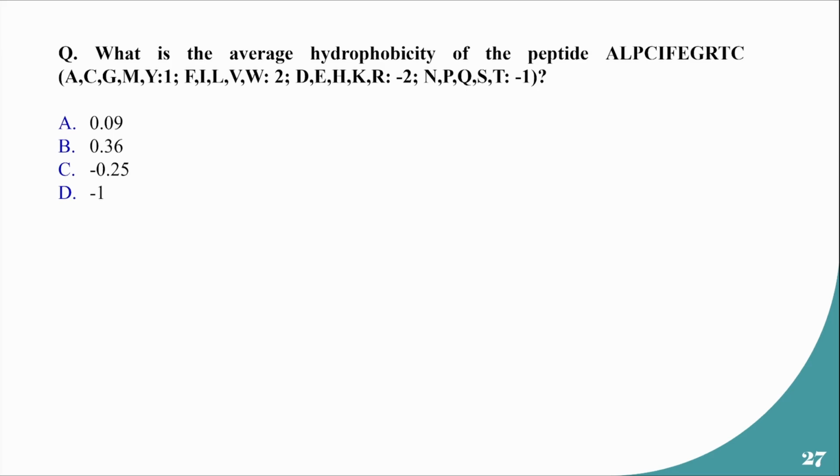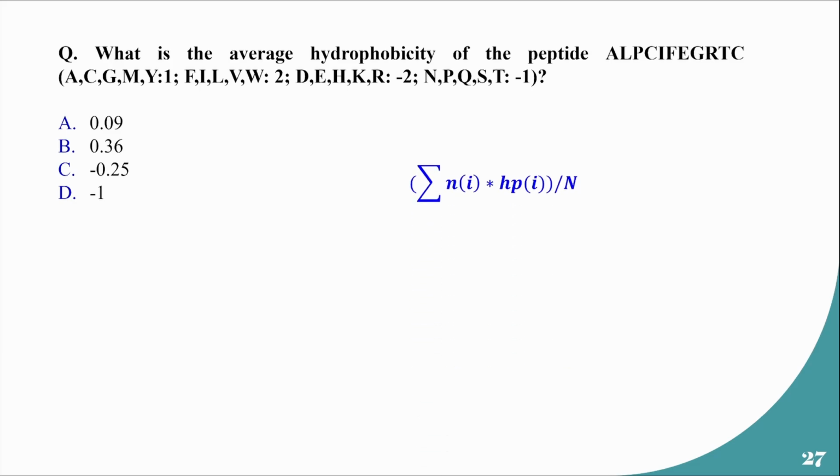So we'll discuss some of those again. We also saw some types of questions where you have to calculate average values, like average hydrophobic values. Again, those are simple numeric questions.